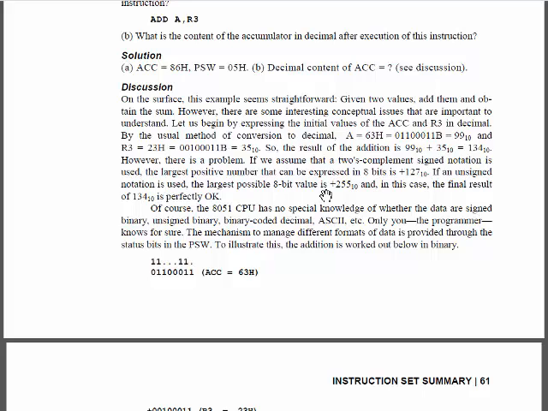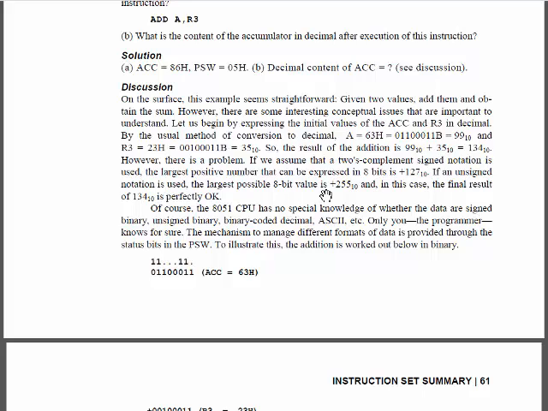But if we're dealing with signed numbers, now we've got a problem because we've overflowed, because our answer is above 127 in decimal, or above 7F. 7F is the largest positive number we can do with 8 bits in signed arithmetic. So here we have an overflow.